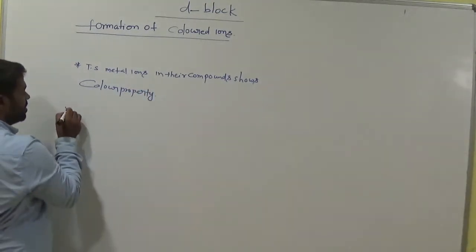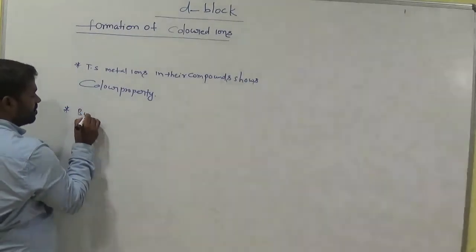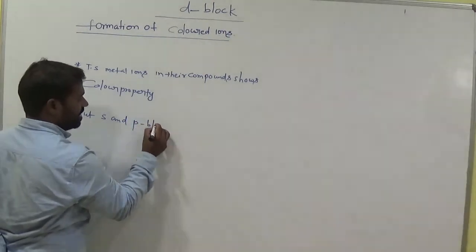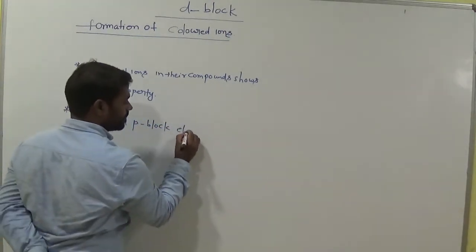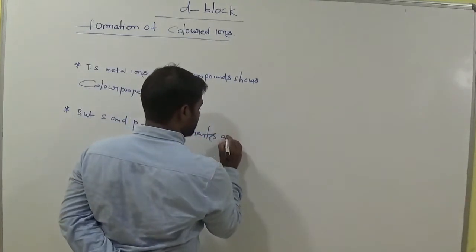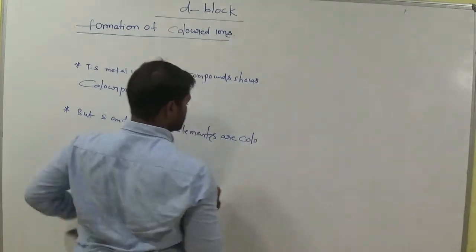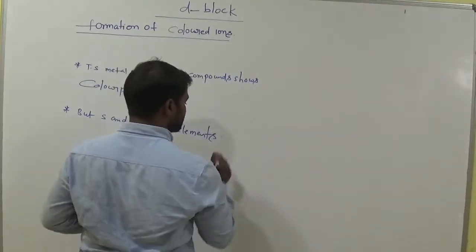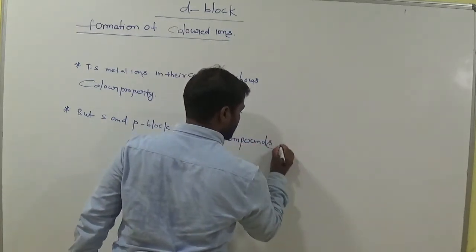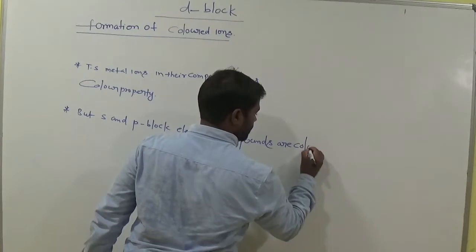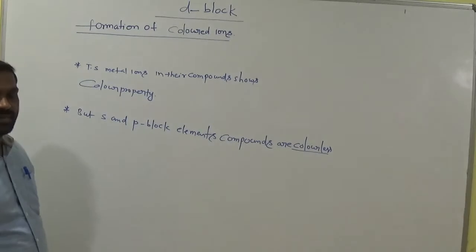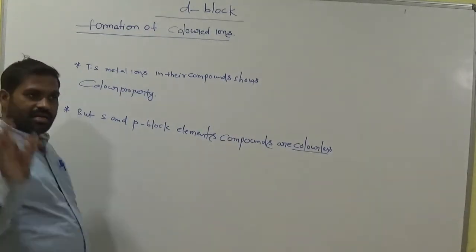But S and P block elements are colorless. P block elements' compounds are colorless. Why? Because there are no d orbitals in the case of P, and there is no d-d transition.